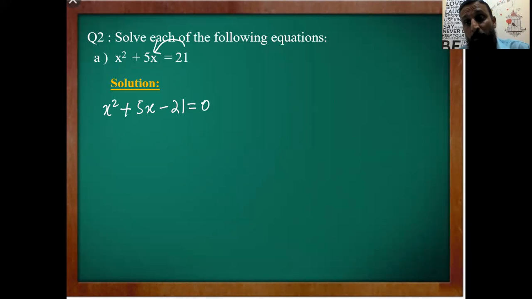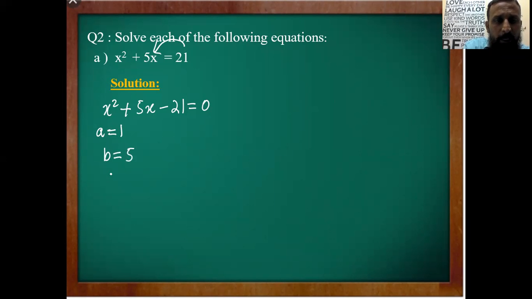Make sure before solving it, your equation has 0 on one side, and all the numbers, variables, x squared, x should be on the other side. Boys and girls, extracting the values of a, b, and c: a is 1, b is 5, and c is negative 21.